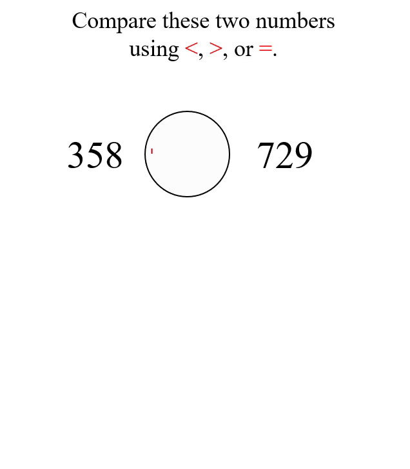I know 729 is greater, so 2 is greater than 1, so I'm going to put 2 dots next to that 729 side. And now when I create my less than symbol, all I have to do is connect the lines from one side to the other and I get the right symbol. So when I read this, I know 358 is less than 729.